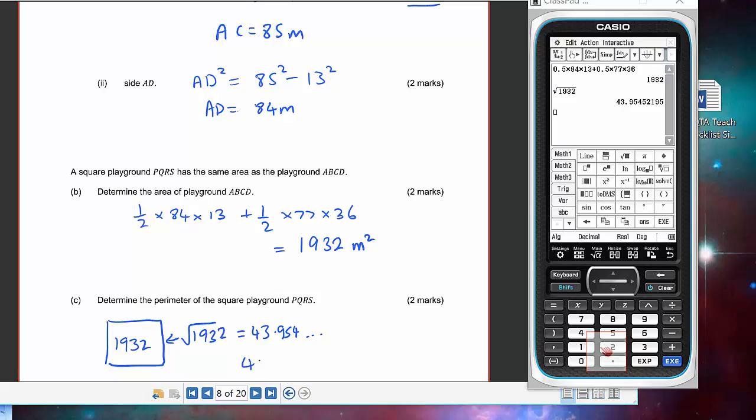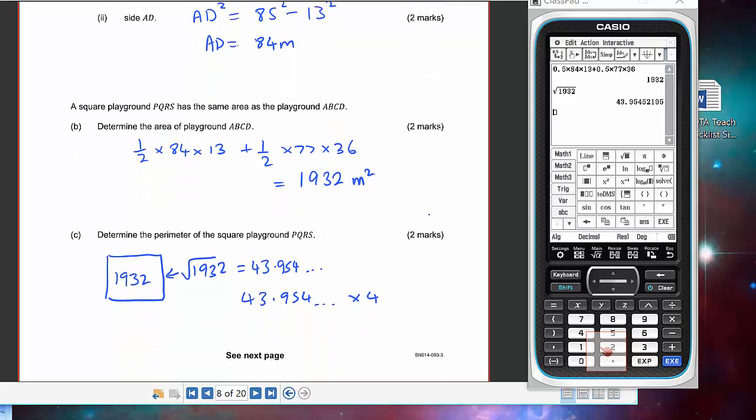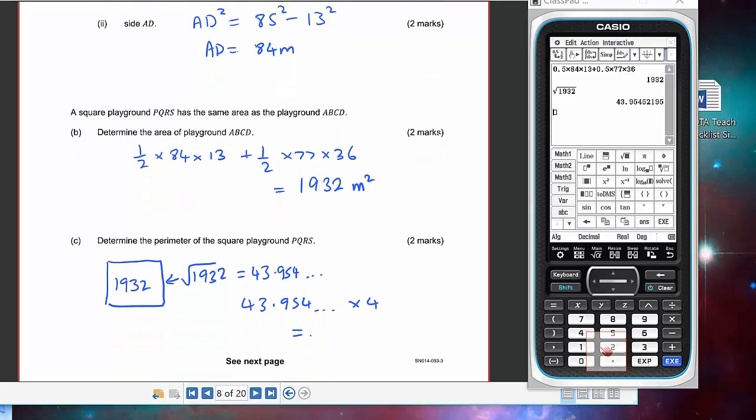And so we're doing 43.954 and so on, multiplied by 4 for perimeter, because there's 4 sides. So we'll just multiply the last answer by 4. 175.8 meters, correct to 1 decimal place.